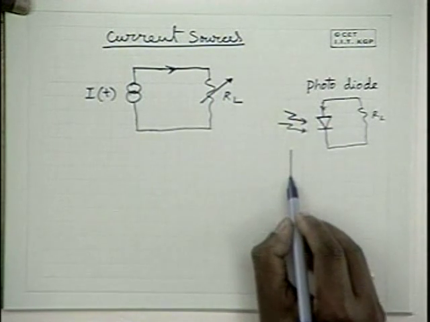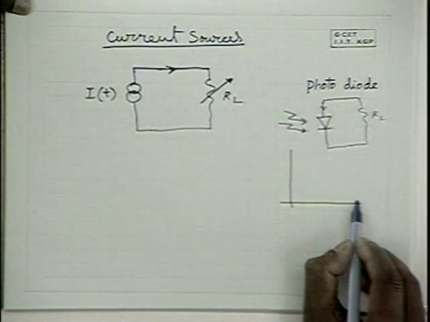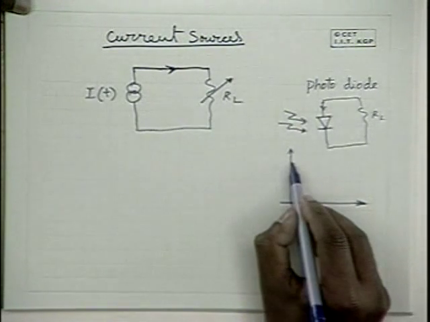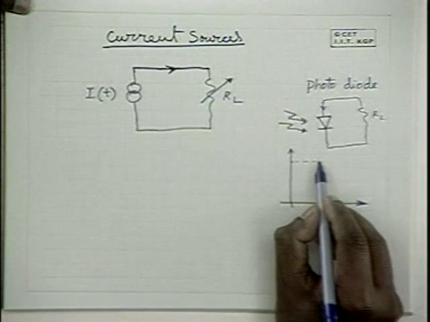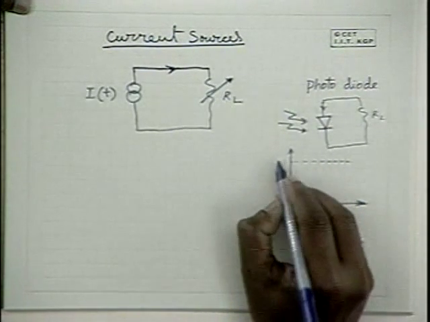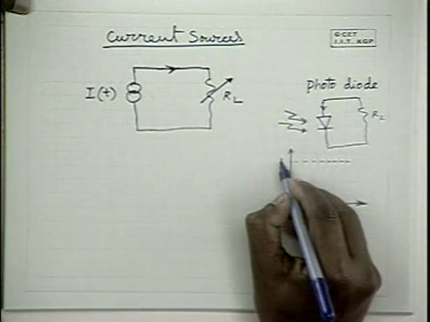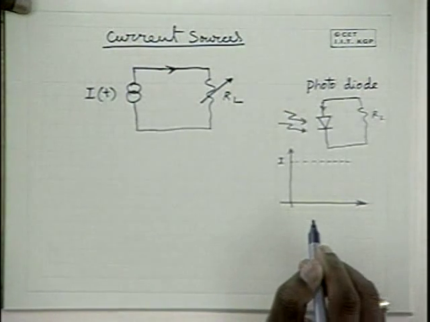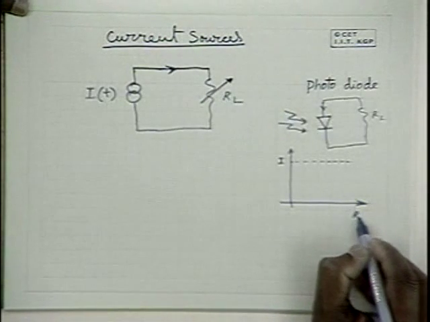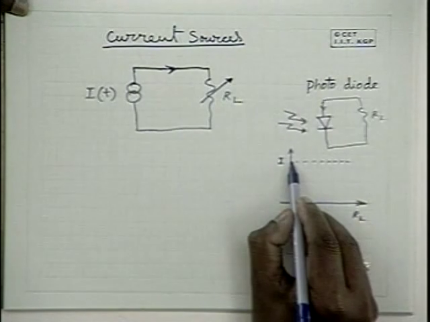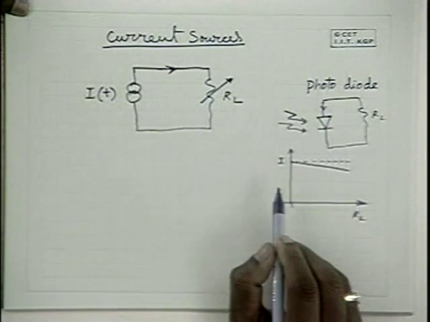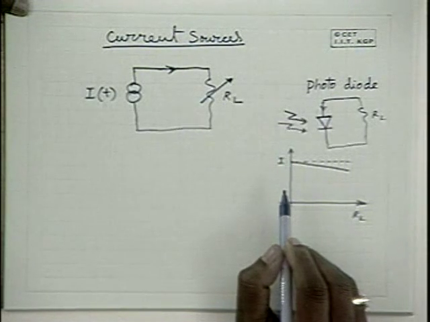Now, when you look at practical current sources, you find that the current doesn't remain constant. Depending on the load resistance, the current falls. If the load resistance increases, then the current falls.